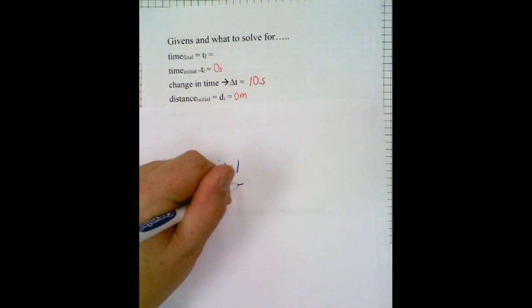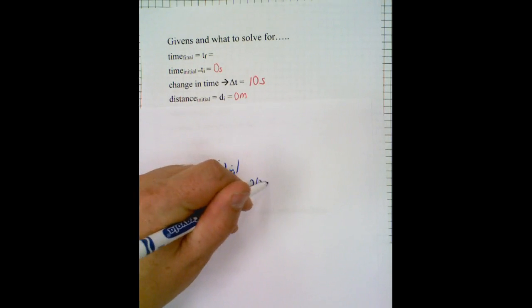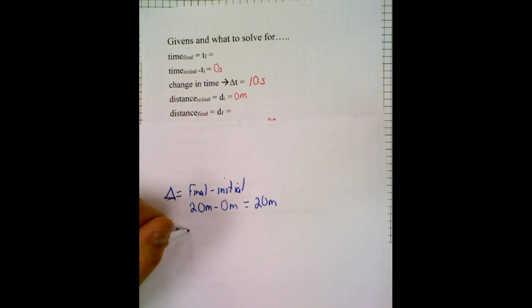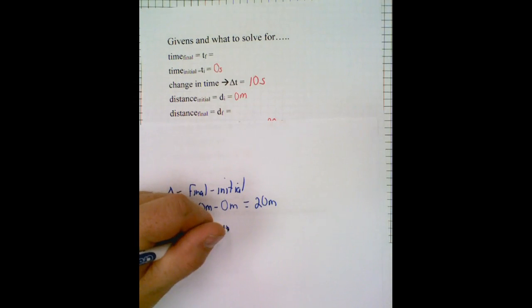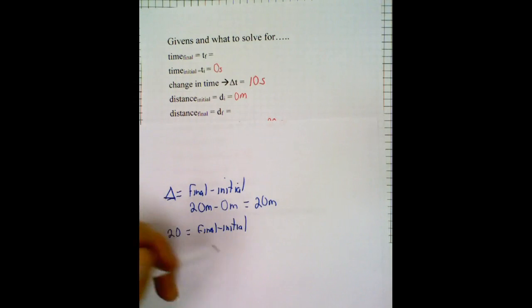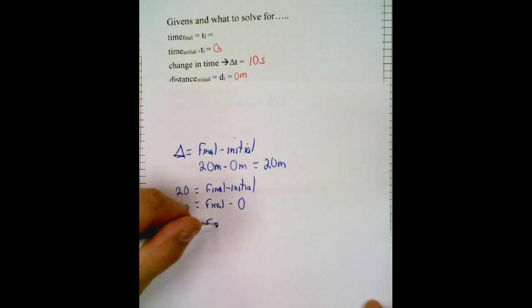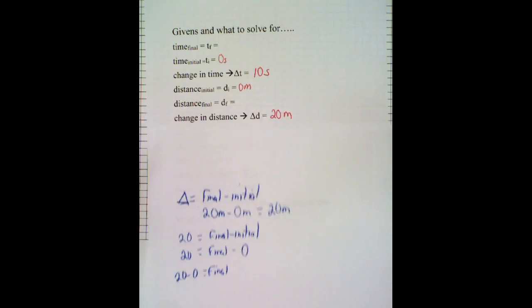Yeah, it should have been 20 equals final minus initial. This was 0, this was 20, this equals final. I can subtract this from both sides, so 20 minus 0 equals final. I get the same math. That's what happens when you do things in your head.